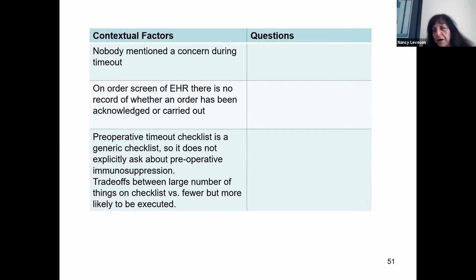We know this with pilots. You usually put the most critical things on the checklist, because if you have a very, very long checklist, people won't have the time to finish it. So they had very few things on the checklist, but the problem was that something was missing, and there were things that were irrelevant on the checklist.